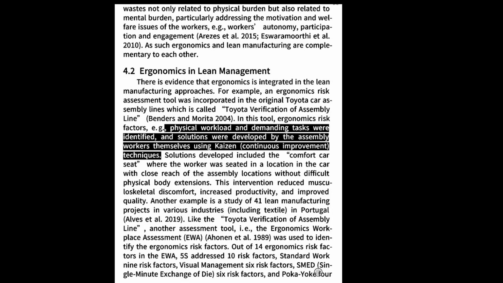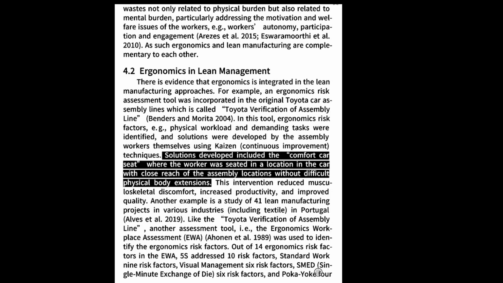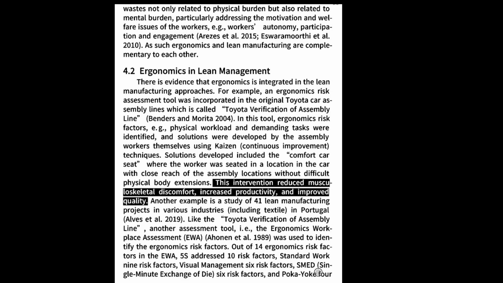Solutions developed included the comfort car seat, where the worker was seated in a location in the car with close reach of the assembly locations without difficult physical body extensions. This intervention reduced musculoskeletal discomfort, increased productivity, and improved quality.